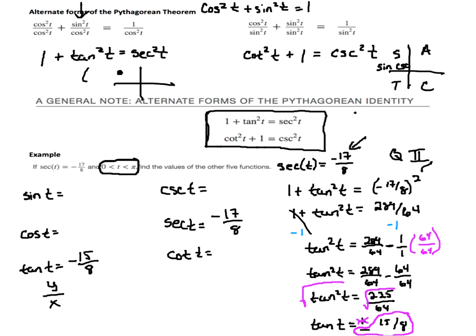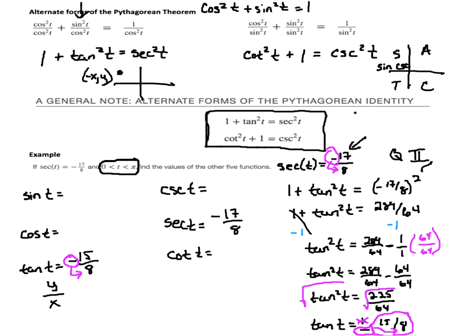So if we think about the second quadrant, every point in the second quadrant has a negative x and a positive y value. So the negative actually goes with my 8 as opposed to my 15. Why is this important? So this negative with the tangent goes with that 8, which means my secant, the negative's in the denominator.